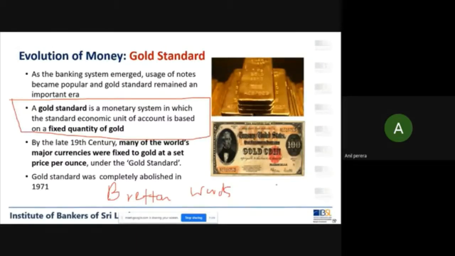That was the difference. But mainly, most of the currencies were fixed to the gold standard. But this was abandoned by 1971. So it's not there anymore in the world, but it's an important era of the 19th and 20th century, the gold standard.